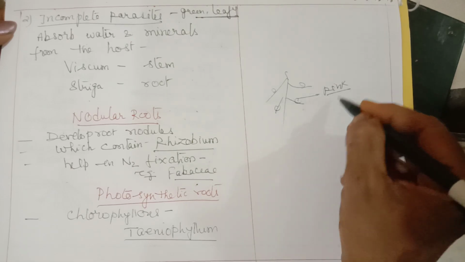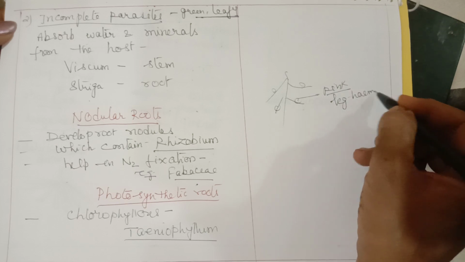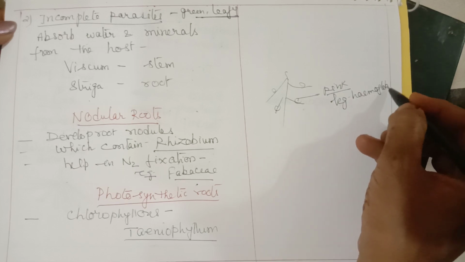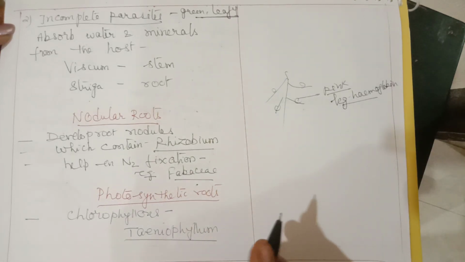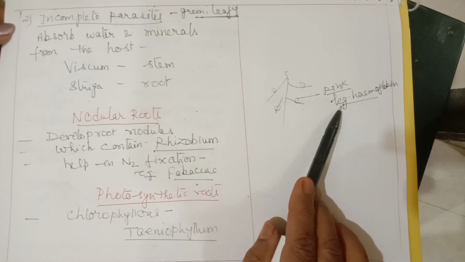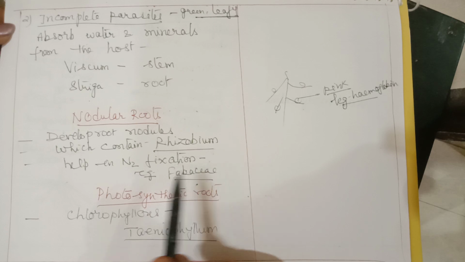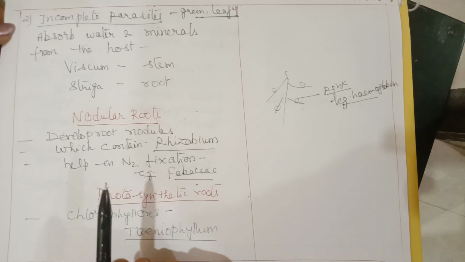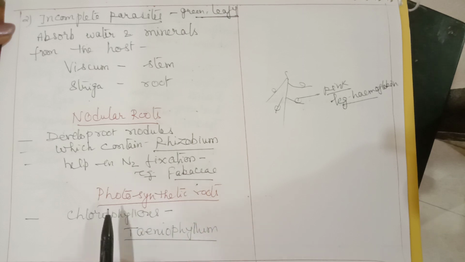Due to the presence of a pigment called leghemoglobin. We will discuss nodule formation in detail in other topics. Because of leghemoglobin the nodules are pink, and they help in nitrogen fixation. They can absorb atmospheric nitrogen and convert it into ammonia.